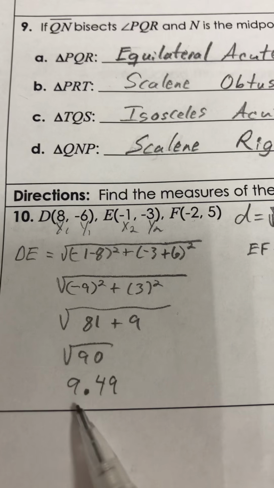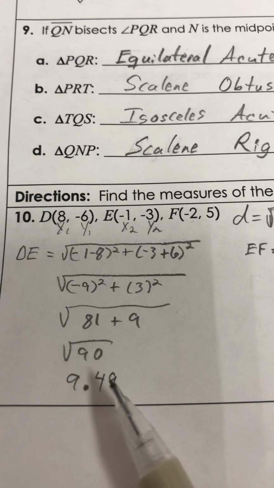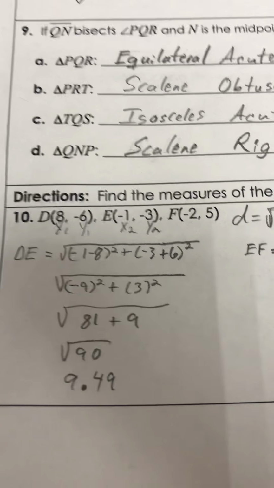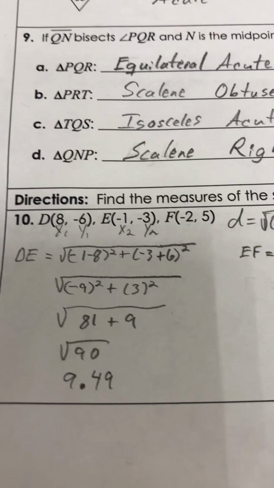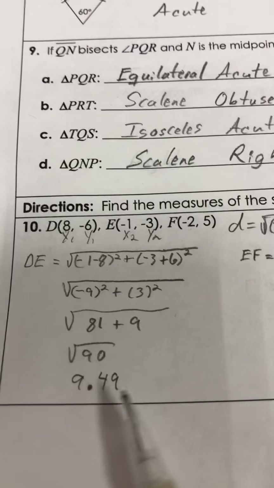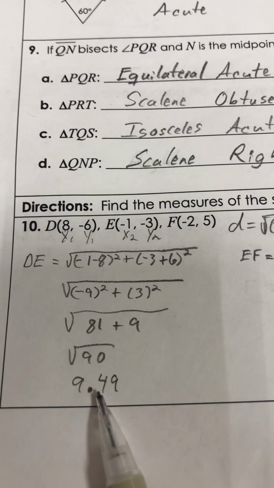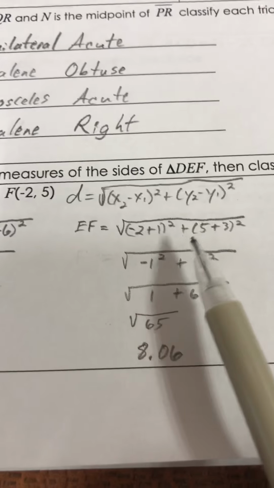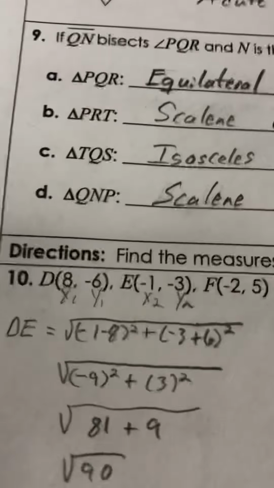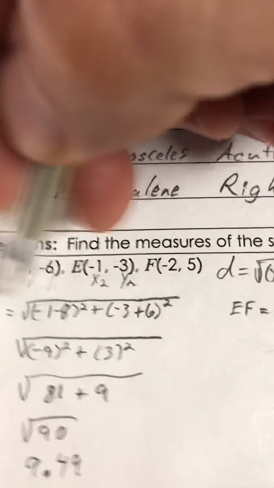Square root of 90 ends up being 9.49. None of these come out real nice. That's why it's an ugly problem. Just a little over, about halfway between 9 and 10 units. Okay, and EF, I'm going to change these.